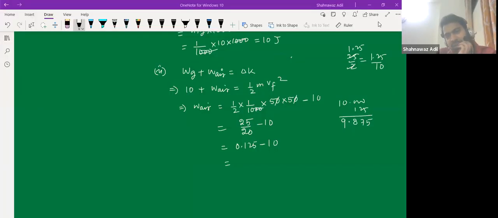Yeah, so let me. Okay, so I'm doing a very stupid calculation mistake. Can you guys find that out? The earlier result was also correct, but can you guys find out this stupid mistake?